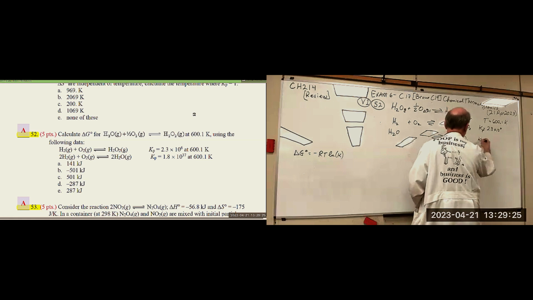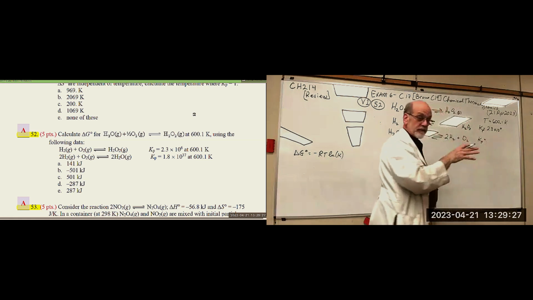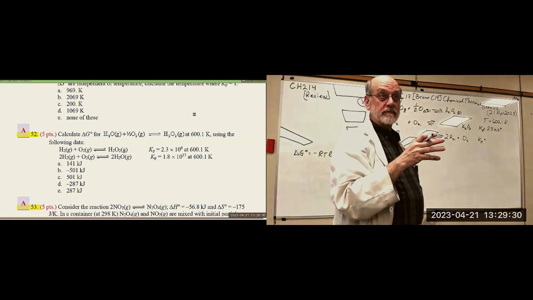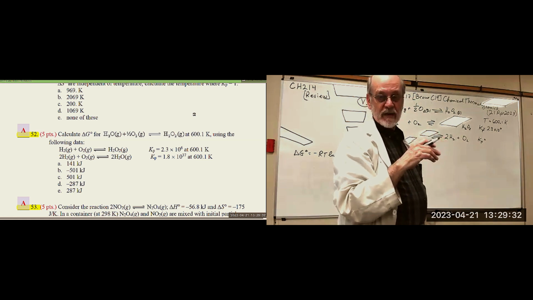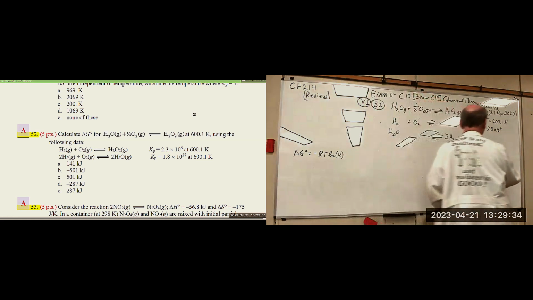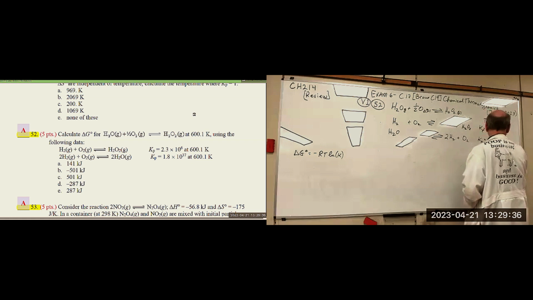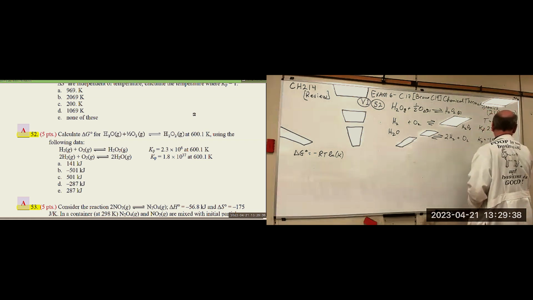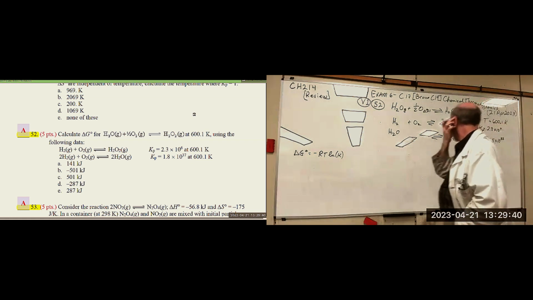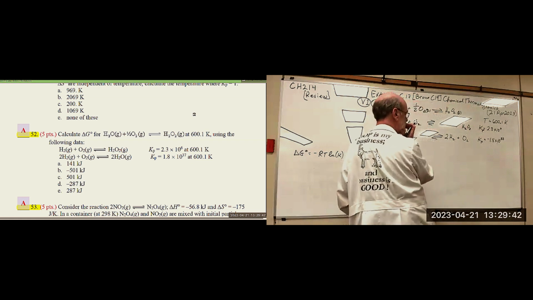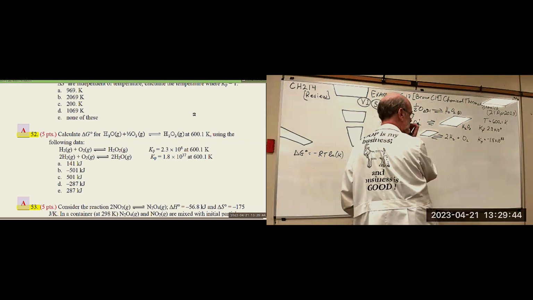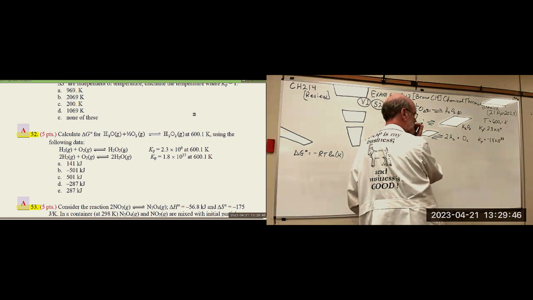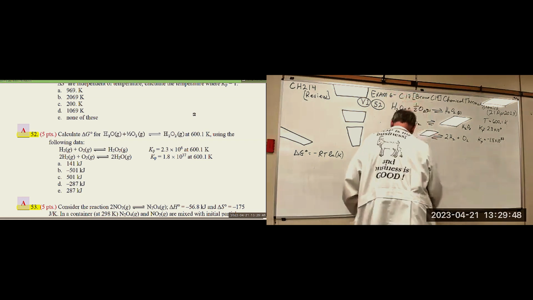Okay, and the Kp for this one, since we flipped it, we changed the sign, right? 1.8 times 10 to the 37. Okay. No. No, we don't change the sign.